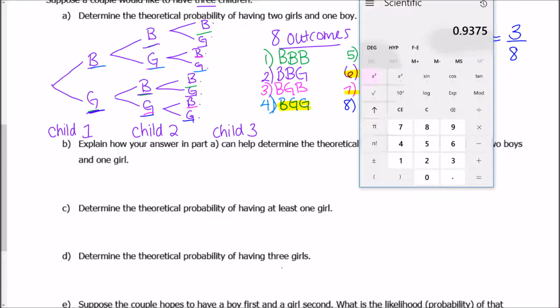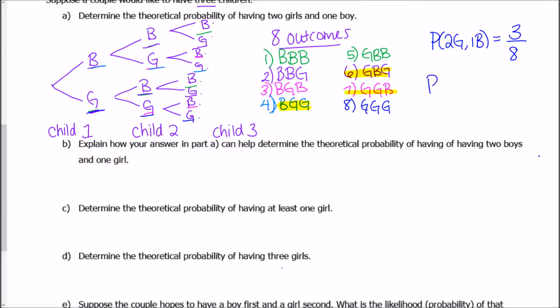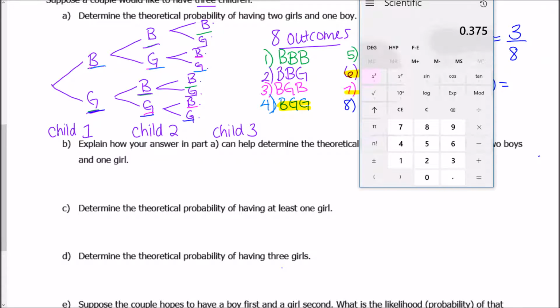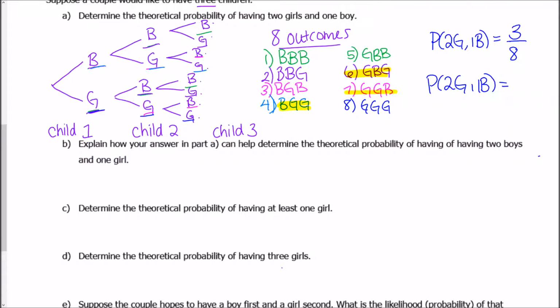And if I want to calculate what this is as a percent, I just have to divide it all out. So the probability of 2 girls and 1 boy, like we figured out right here when I divided 3 by 8, is about 38%. Okay, so part B says explain how your answer in part A can help to determine the theoretical probability of having 2 boys and 1 girl.